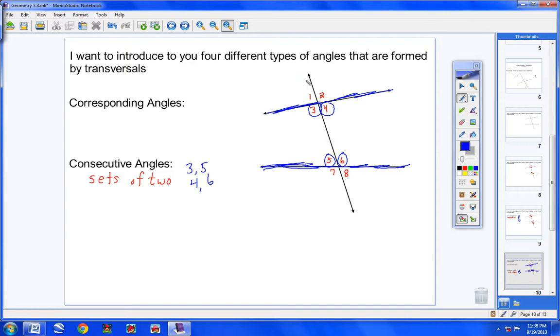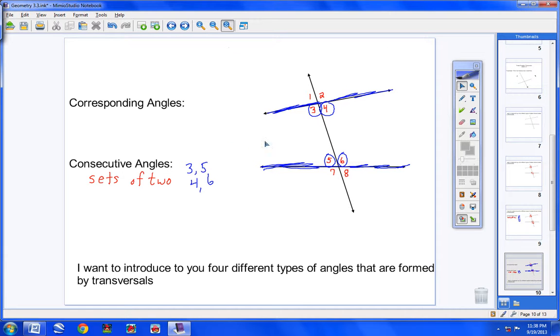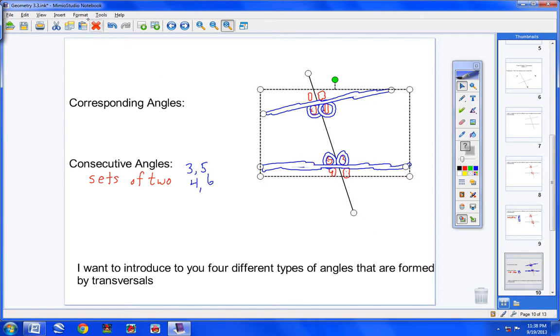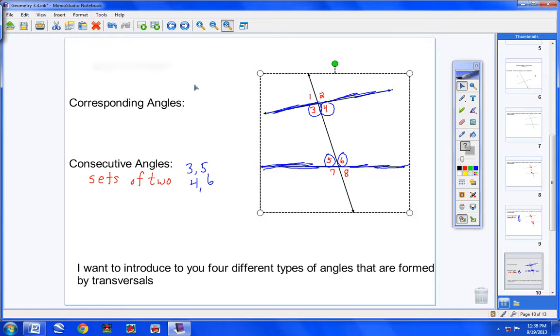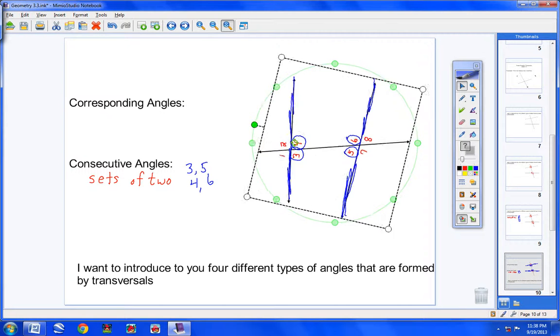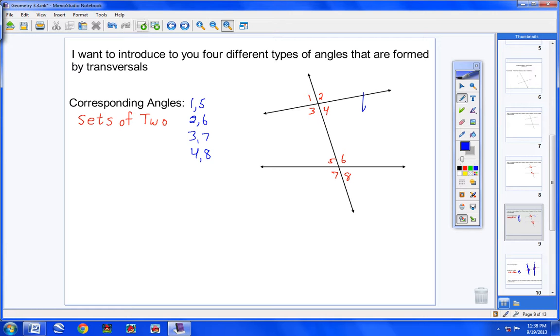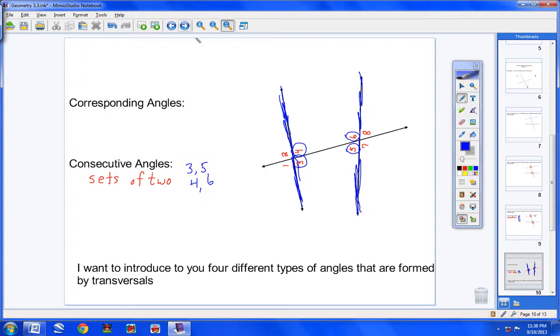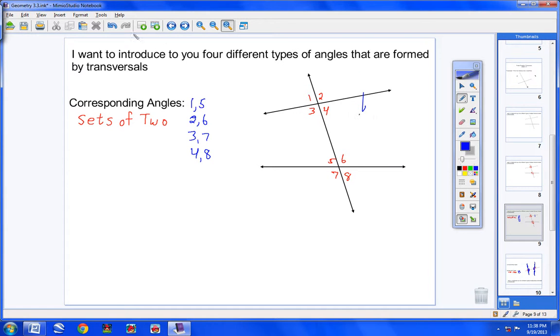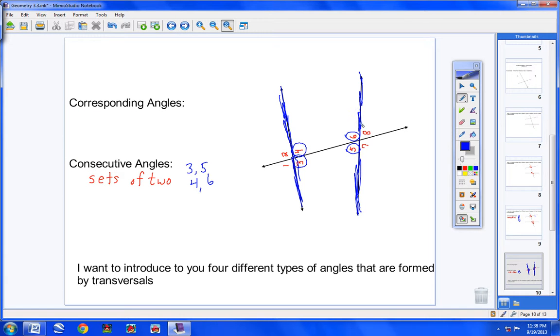And by the way, here I go again trying to be all creative, but it's very important that you see this. I don't care if it's turned like this. Notice here's the two lines that are being intersected. That's frustrating. Intersected right here.